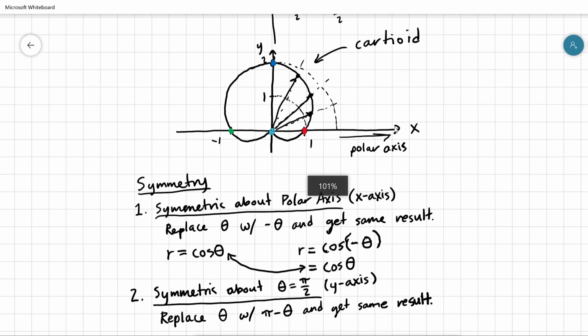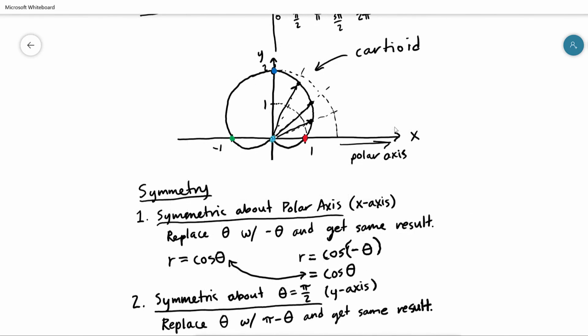So here's an example of one where that's true. I'm not going to go through the algebraic procedure like I did right here, but for this one, if you pick an angle of, for example, pi over 6-ish, which is ballpark it looks like this is at, and you did pi minus pi over 6, that would give you this same point right here. And the radius right here matches the radius right here.